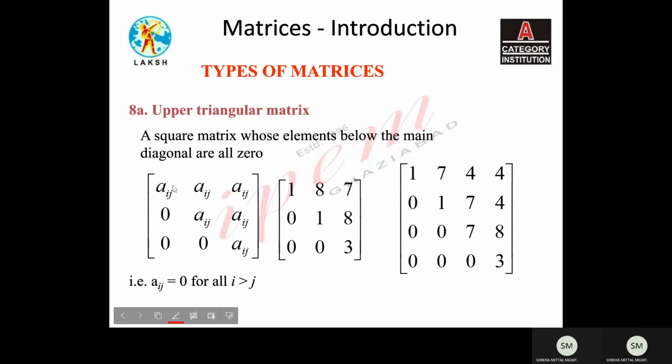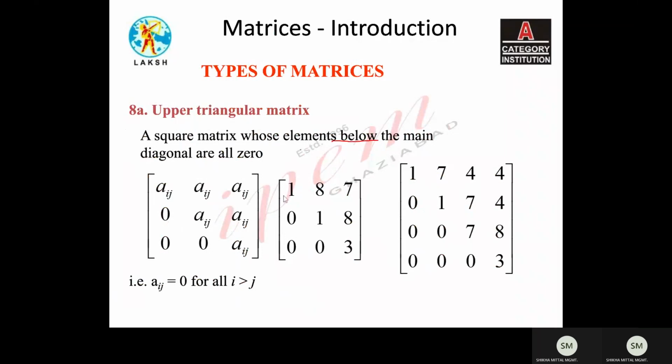Now triangular matrix is of two types, upper triangular matrix and lower triangular matrix. The first one is upper triangular matrix, a square matrix whose elements below the main diagonal are all 0.